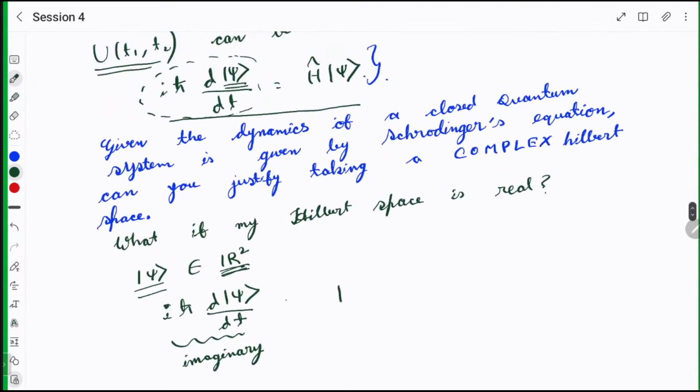And on the right hand side, we have Hψ. Now since we have taken a real vector, psi is real. So in order for LHS to be equal to RHS, if LHS is imaginary, RHS has to be imaginary. And if psi is real, then the only place where something imaginary can arise is the Hamiltonian. So this has to be imaginary or complex in general.